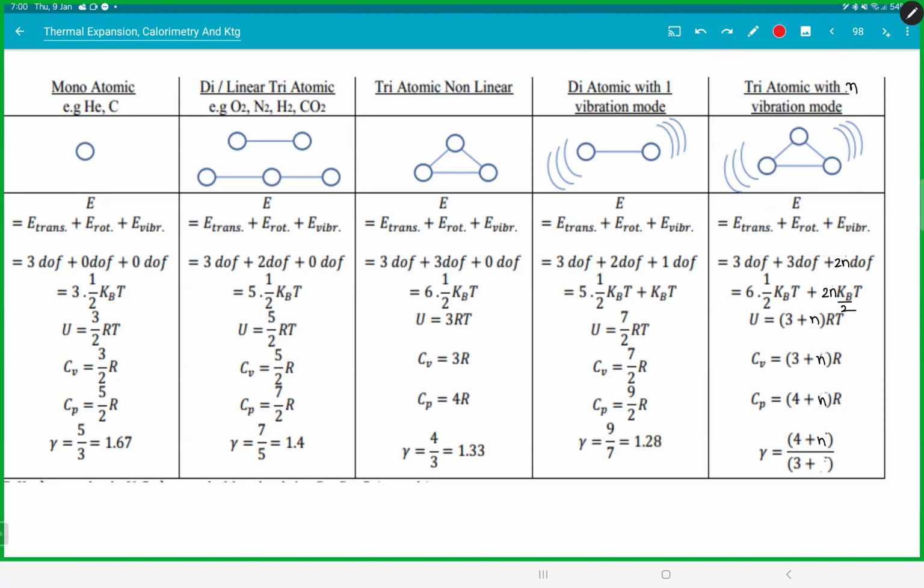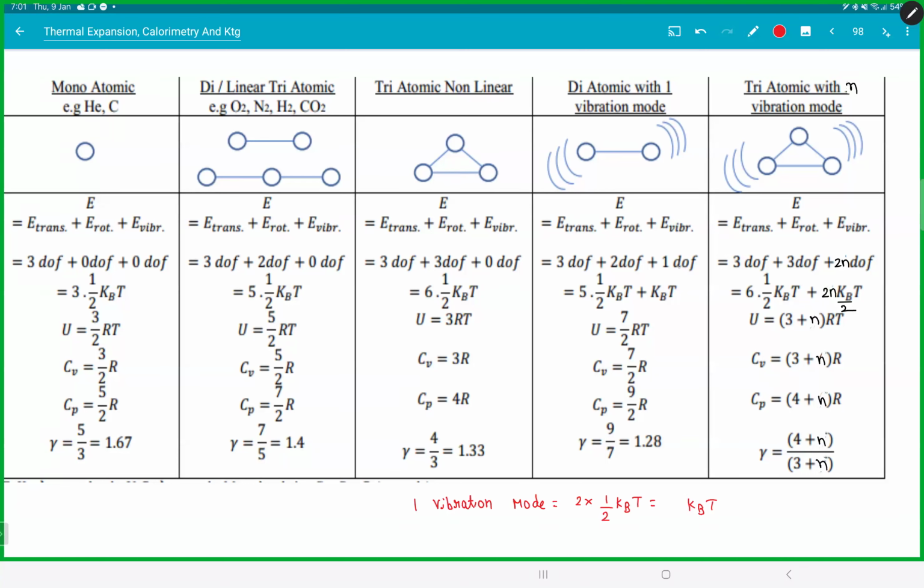So basically, each vibrational mode will have 2 vibrational degrees. That will be half into kBT. So that is kBT. Because you're already using F as a symbol, and they're also using F there, so it gets confusing.